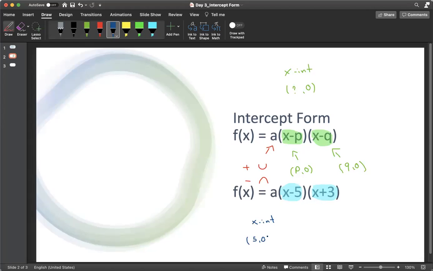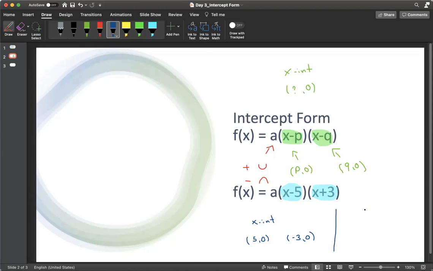This is our coordinate, or this is our point. And we have another point at negative 3, comma, 0. What we're doing is we see this positive 5, and when we put it into our x-intercept form, it becomes a positive. So this negative turns to a positive. Same thing over here. This positive 3, we turn into a negative.